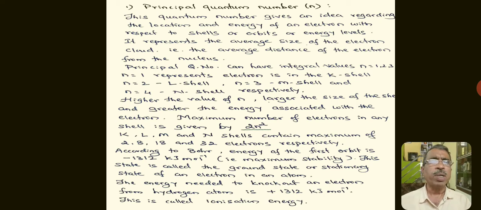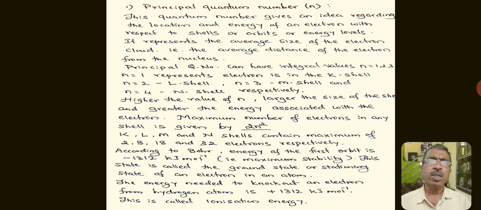This quantum number gives an idea regarding the location and energy of an electron with respect to shells, orbits or energy levels. It represents the average size of the electron cloud, that is, the average distance of the electron from the nucleus.